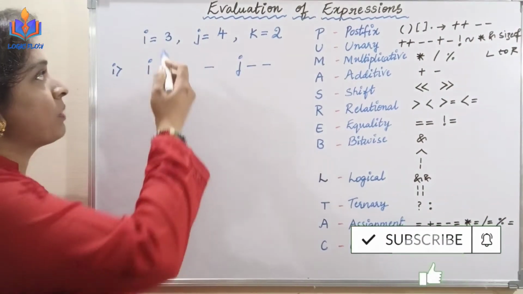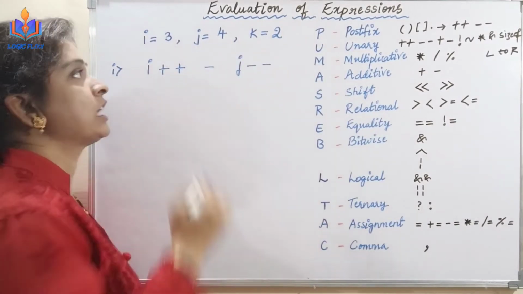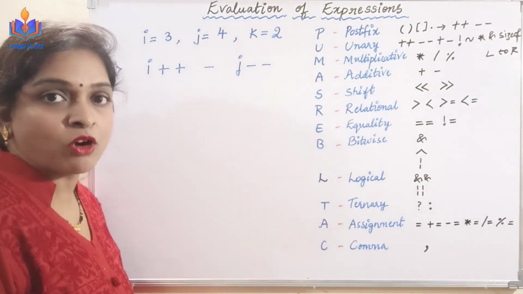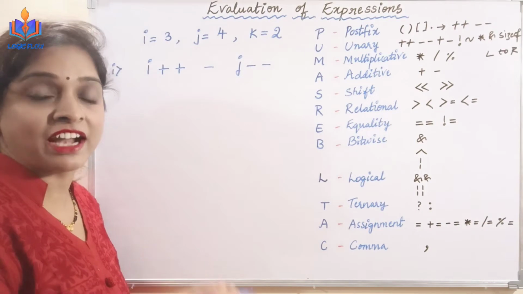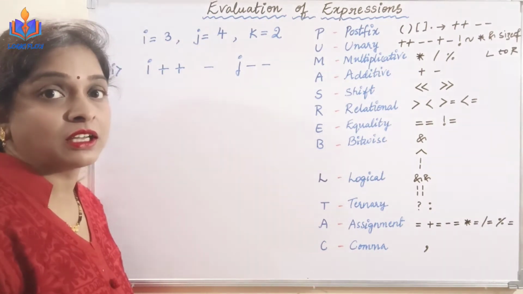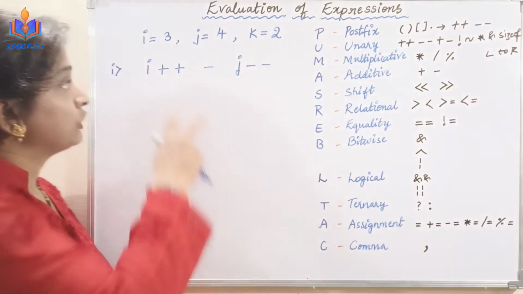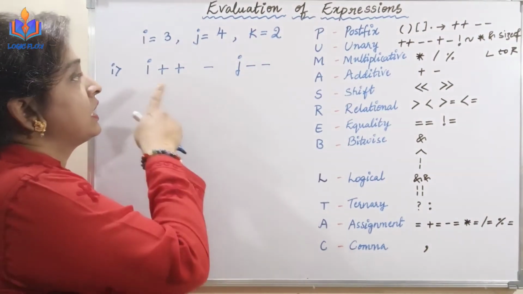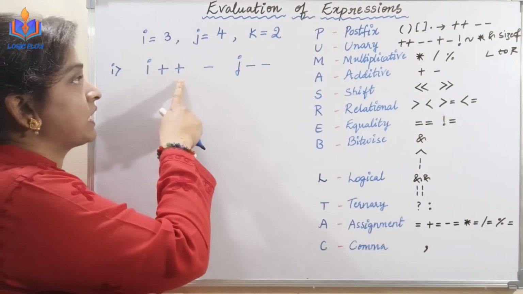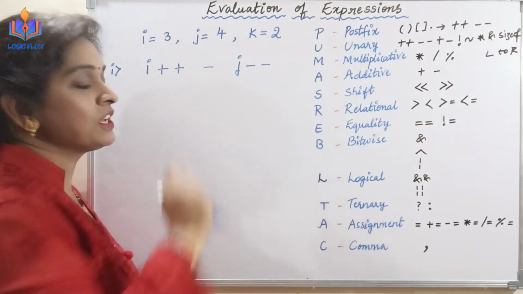Let us assume i equal to 3, j equal to 4 and k equal to 2. I have already discussed the increment and decrement operators and their types. We have prefix increment and decrement and postfix increment and decrement. The operator we have used here is postfix increment and postfix decrement.